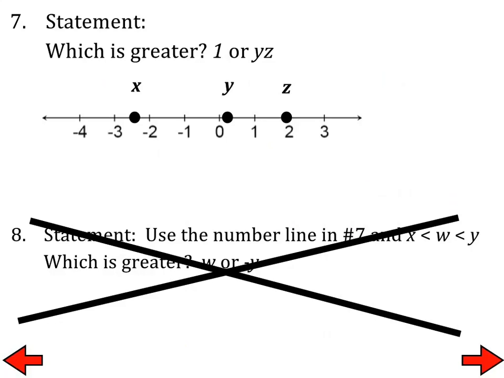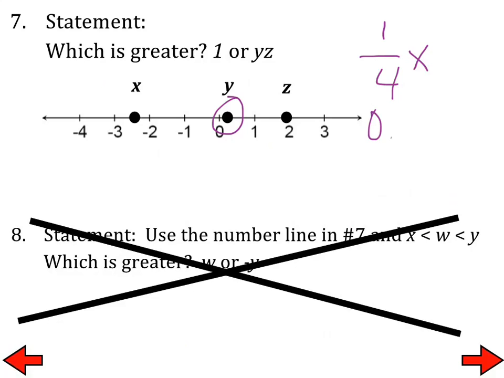All right, anybody think that they have this one? Which one's bigger, 1 or yz? I think yz is bigger because it's automatically going to be a positive number, and positives are bigger than negatives. Yeah, but what if y is 1/4? That's about what it looks like, maybe 1/5. And z is not 2, it's almost 2.